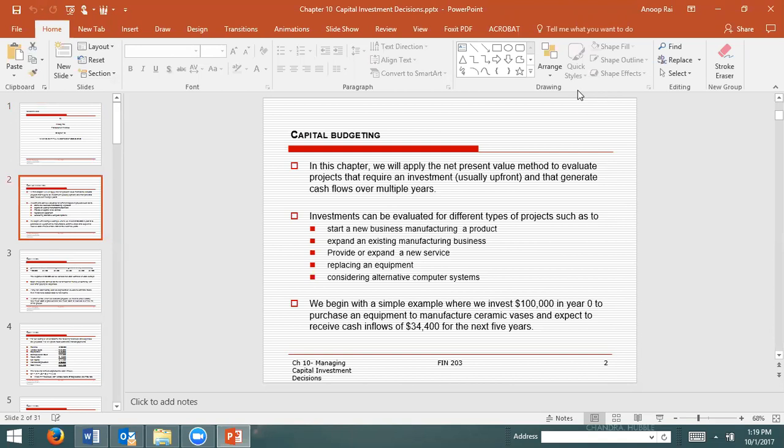Others include providing or expanding a new service. Let's say you want to start a service business. At the manufacturing level, or even at your office level, if you want to replace equipment and you're considering different kinds of equipment to install, then you need to know net present value.